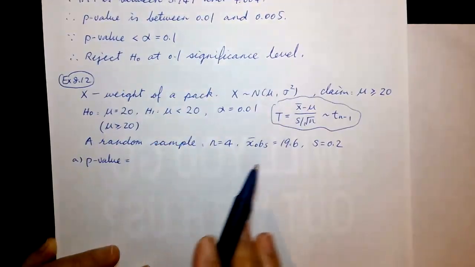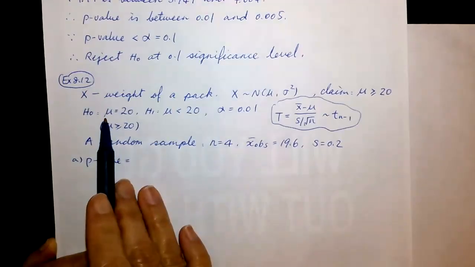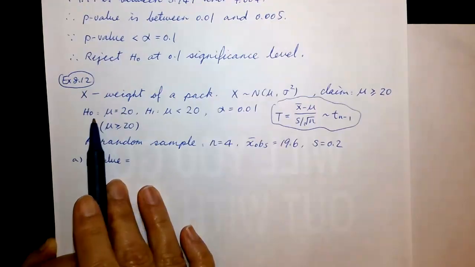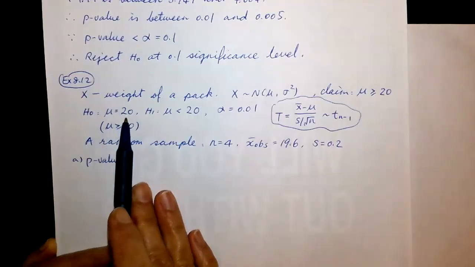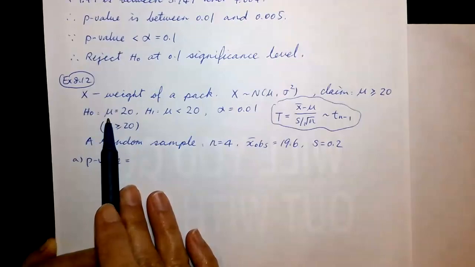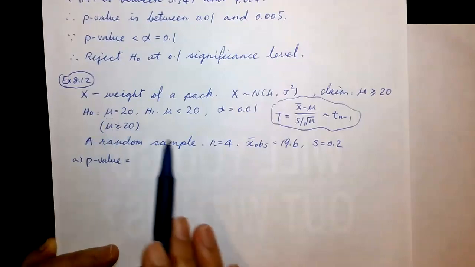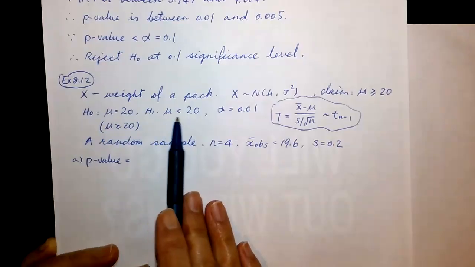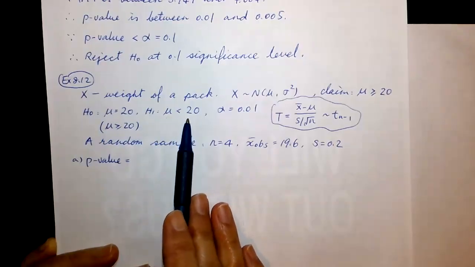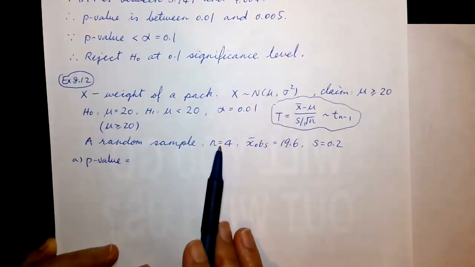P-value. The probability to have a worse sample than the one you got in supporting H naught when H naught is true. What sample would be worse in supporting H naught? The smaller or the lighter the pack, the less supportive to H naught, because the lighter the average weight of 4, the more you support H1, right? Mu says it's less than 20.